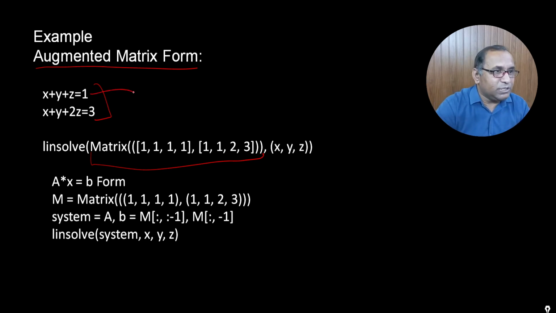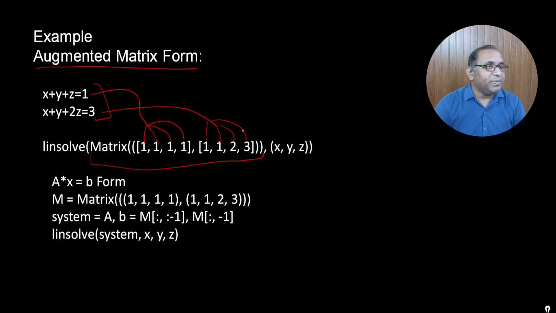For the first equation, this is the coefficient of x, the coefficient of y, the coefficient of z, and this is the right hand side value. And for the second equation, the coefficient of x, coefficient of y, coefficient of z, and the value of the right hand side. Then we will solve the system of equations for x, y, z.